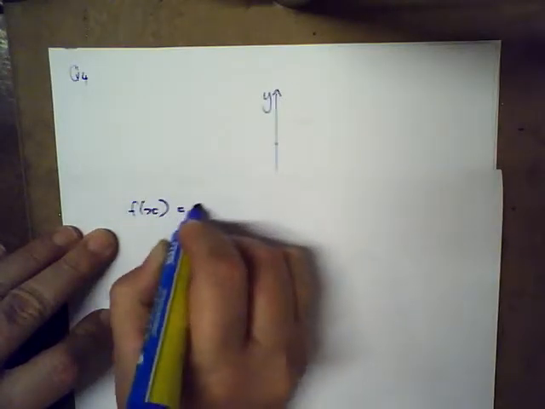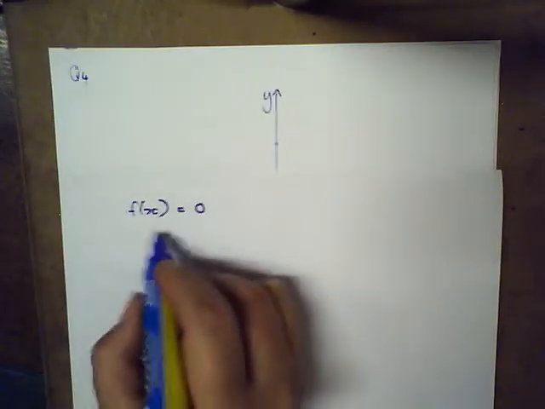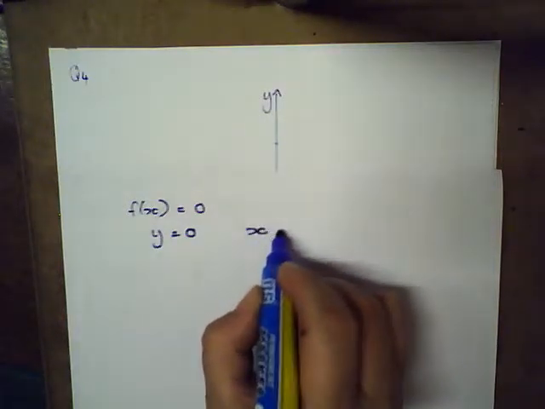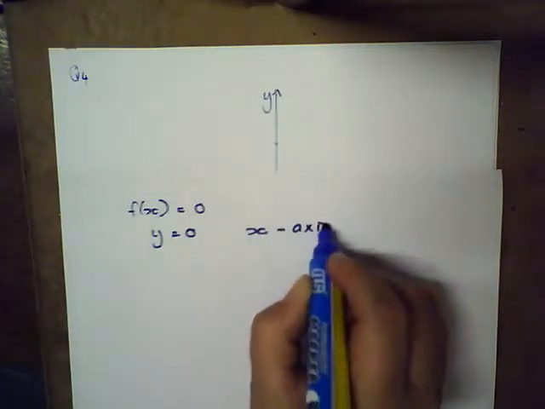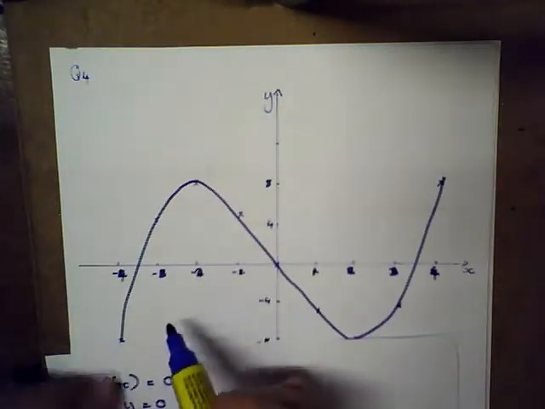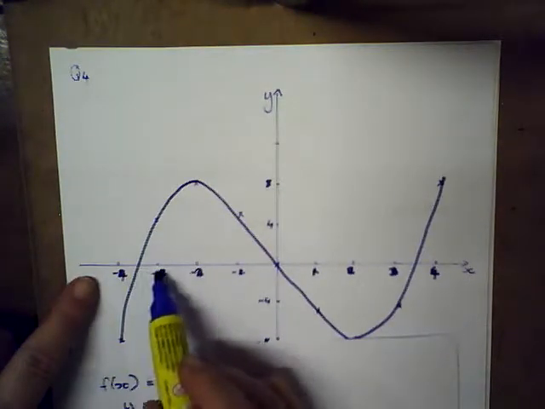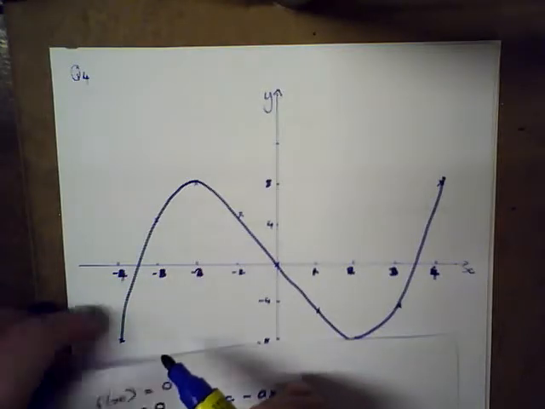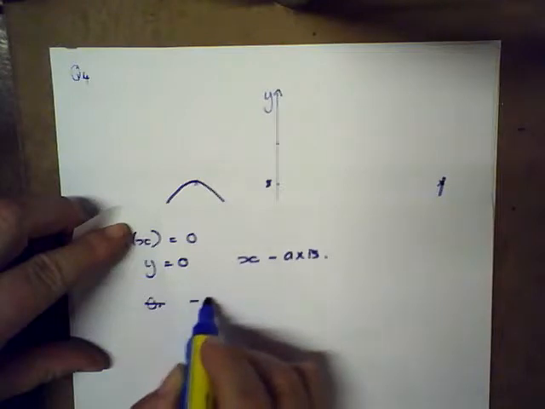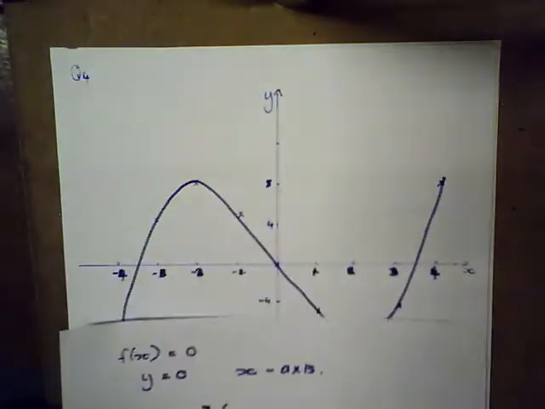So f(x) equals 0. Okay, so that means where would y be 0? y would be 0 at the places where it cuts the x-axis. So on my grid, I'm going to check that. So it's probably negative 3.6. If you use graph paper, your answers would be a lot better.